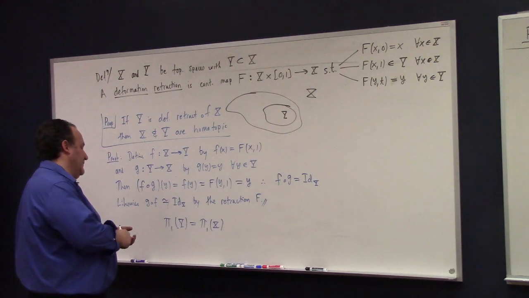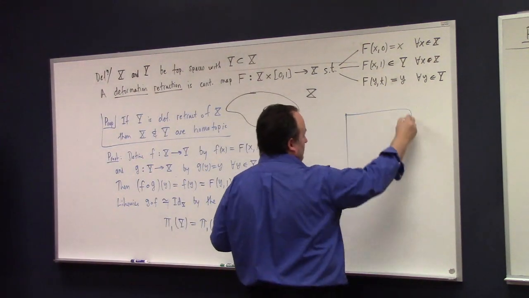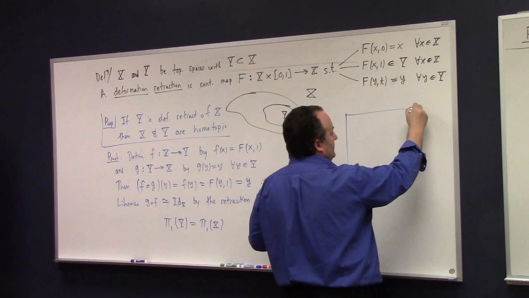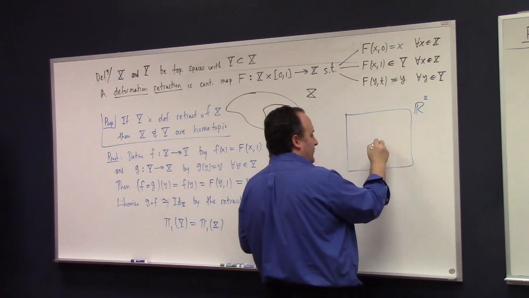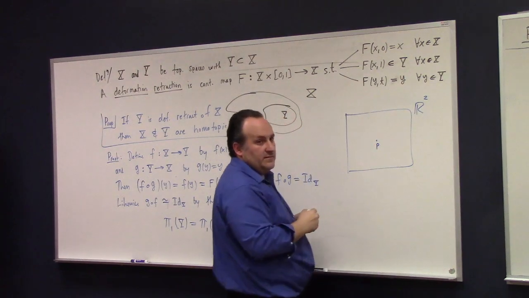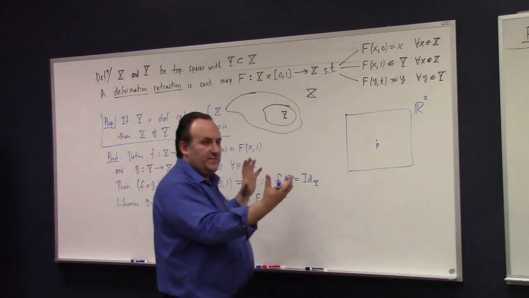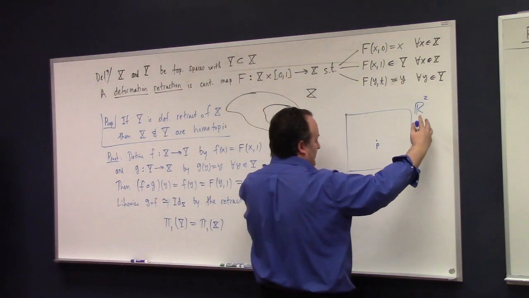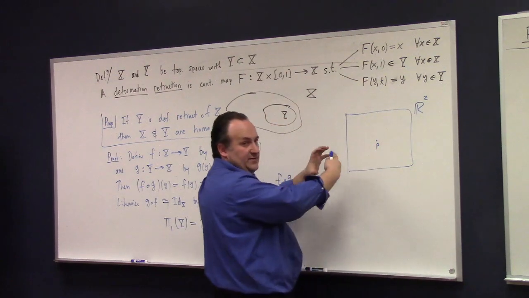So, for example, if you think about all of R2, for instance, and you think about the origin, or any point really, you can deform R2 down to the point. You can just shrink it down to the point.